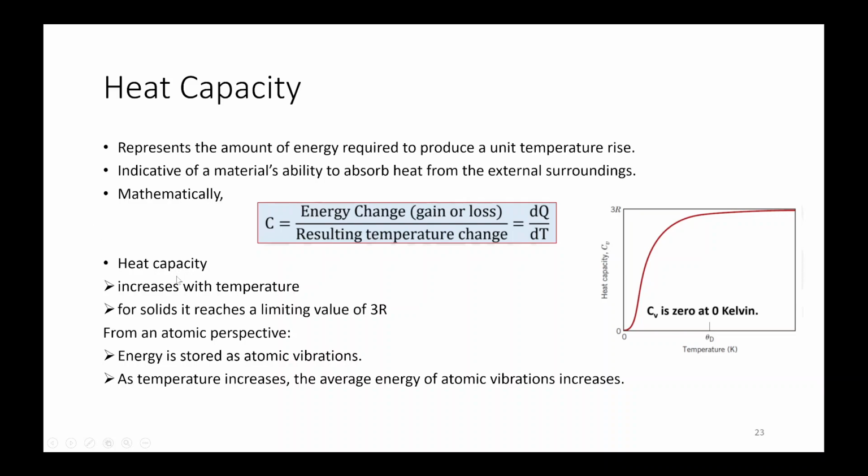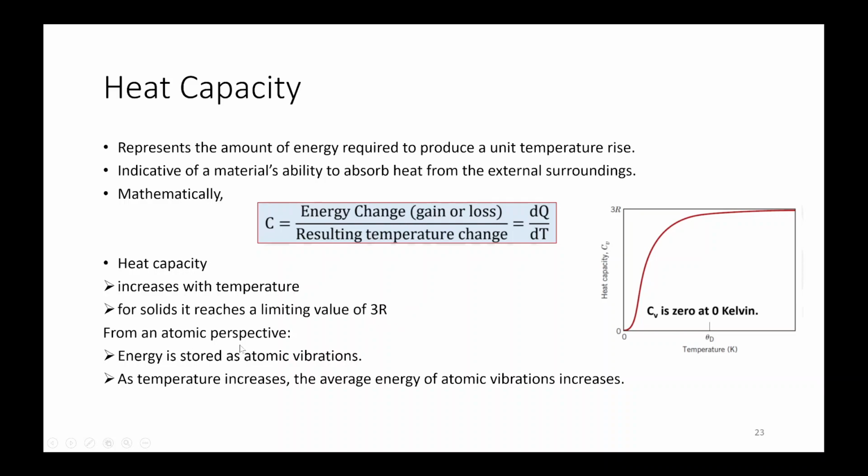Heat capacity increases with temperature. As we increase temperature, heat capacity will keep on increasing and will attain a maximum limit. For solids it reaches a limiting value of 3R, where R is the gas constant.